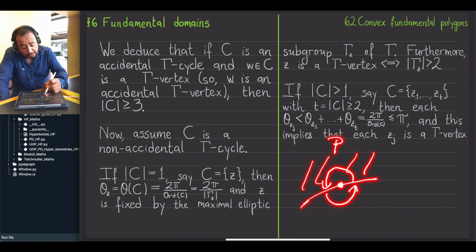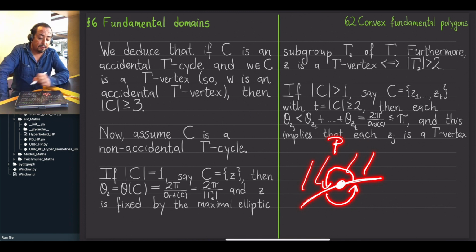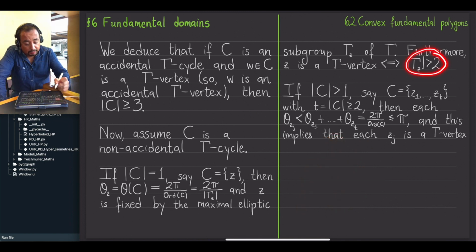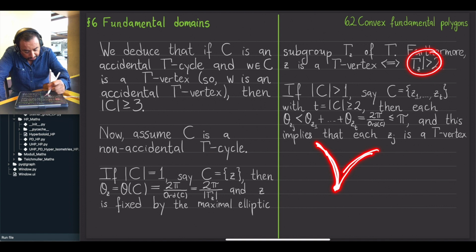And so my point Z is in the relative interior of a gamma side, and it's not a gamma vertex. And in this case, when this is greater than 2, I clearly have the intersection of this with this.